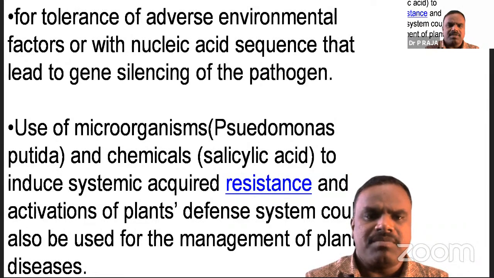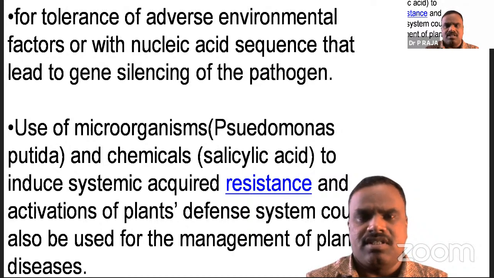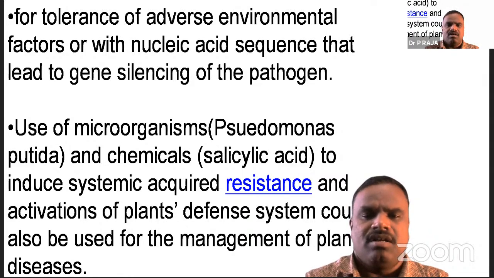And sometimes chemicals like salicylic acid induce systemic acquired resistance, which develops in the plants. Once you spray salicylic acid, it activates the plant's defense system, the production of phytoalexins and phenols, and that helps to control incoming pathogens.